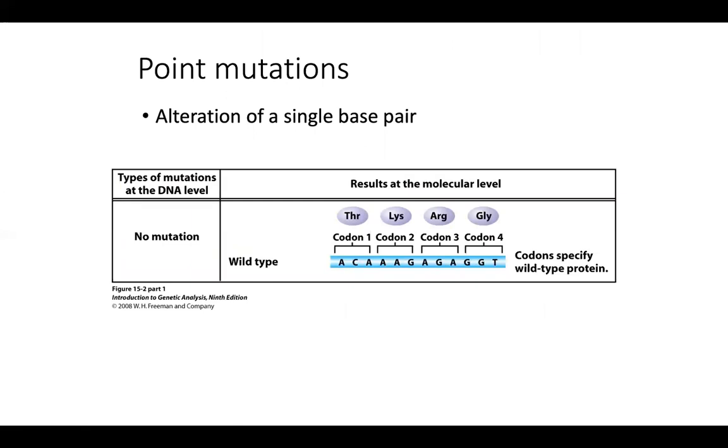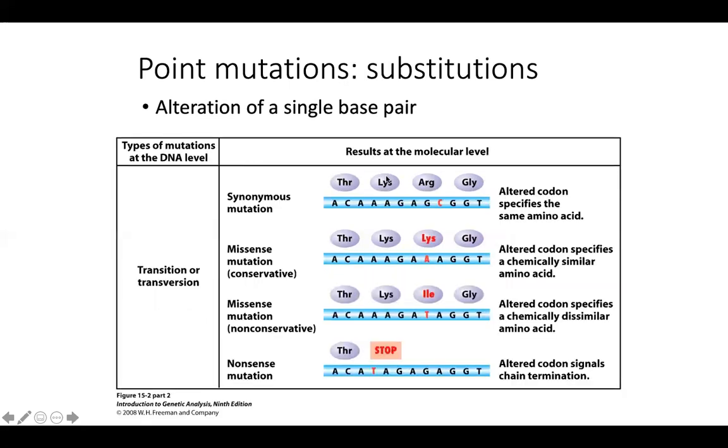So if we look at point mutations in coding sequence, we can distinguish between different types of mutations with different consequences. Here is the amino acid sequence that is encoded by this wild type sequence: threonine, lysine, arginine, glycine. Now we can look at different types of changes. The first one is a synonymous mutation, or a silent mutation.